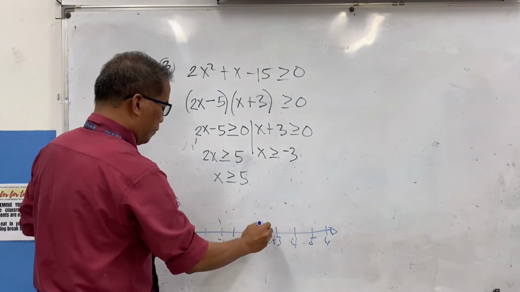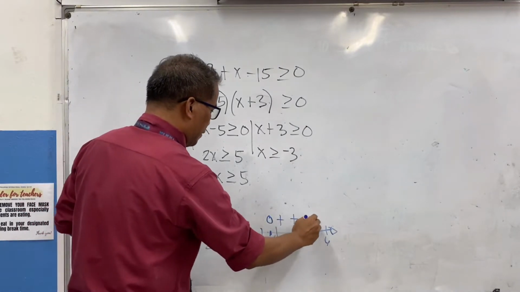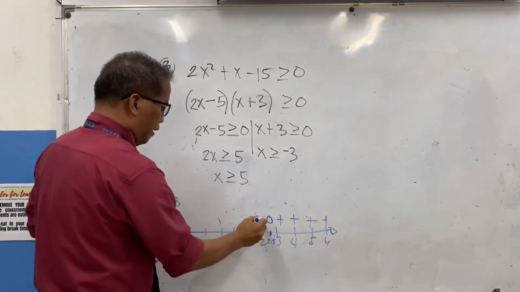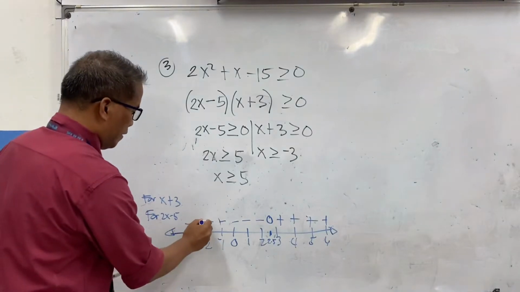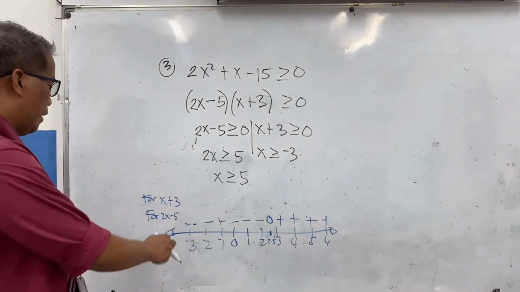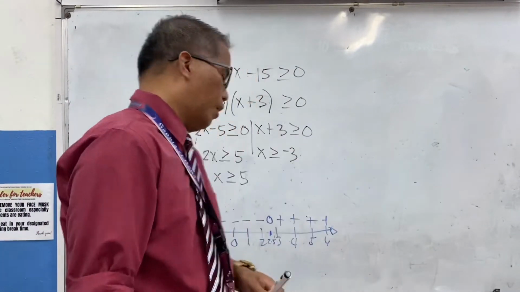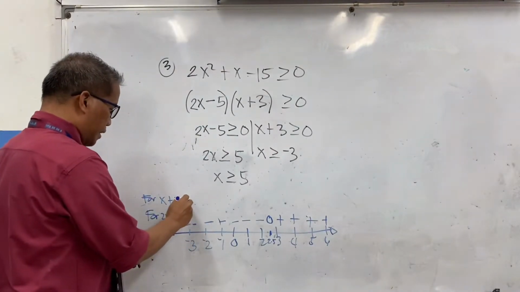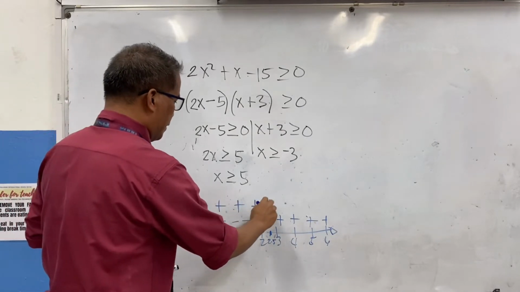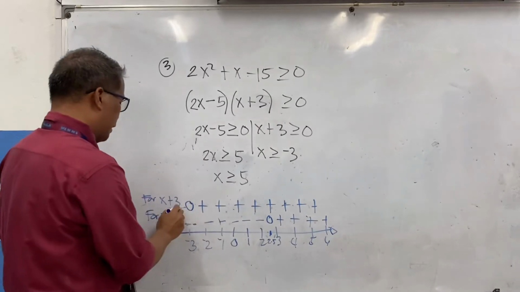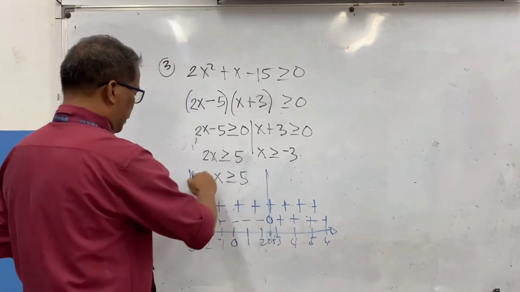Then put 0 on top. At the right side will be positive, and at the left side of 0 will be negative. Then for x plus 3, to make it equal to 0, the value is negative 3. So assign here 0, then at the right side positive, then left side negative. So I just draw a boundary line.